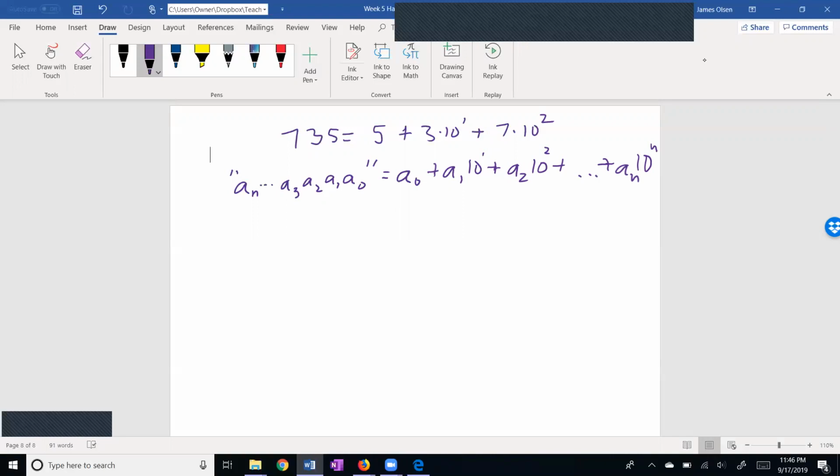This is going to be our notation. Now, this could be written in summation notation, the sum from i equals 0 to n of a sub i times 10 to the i. I'm not going to use that notation today, but it would certainly be fine.